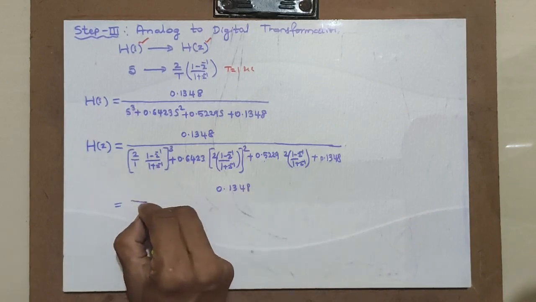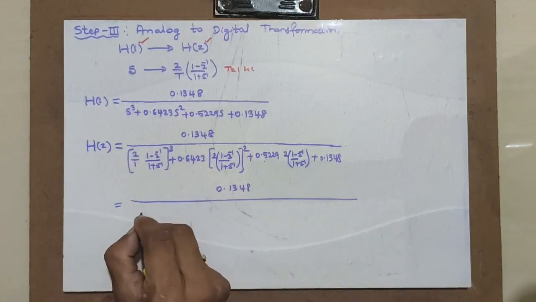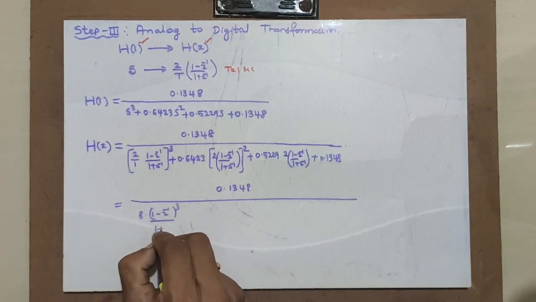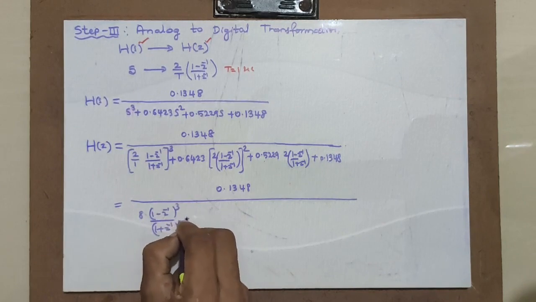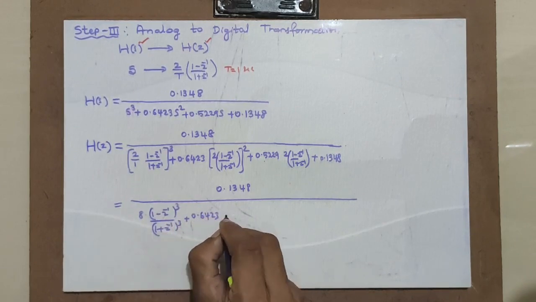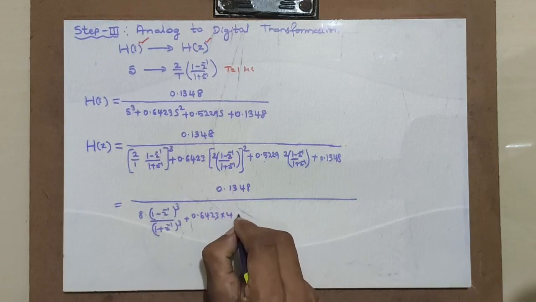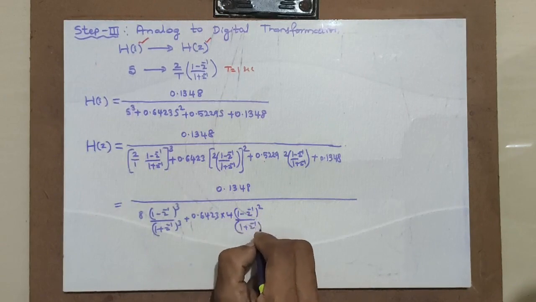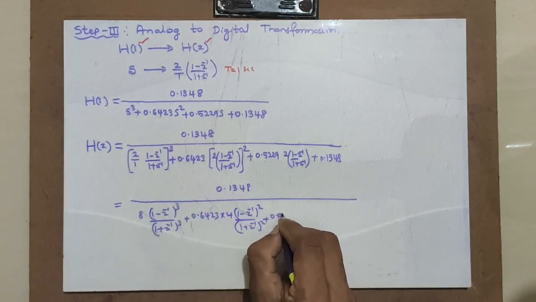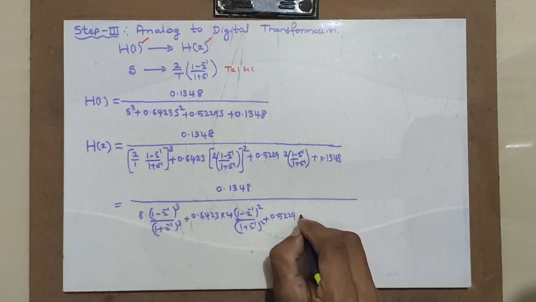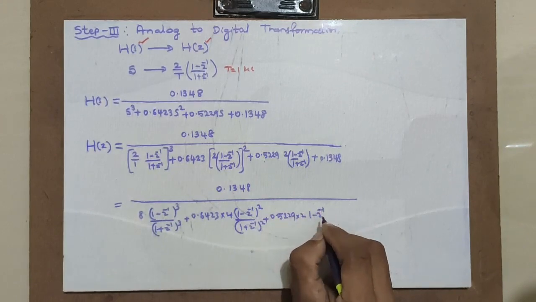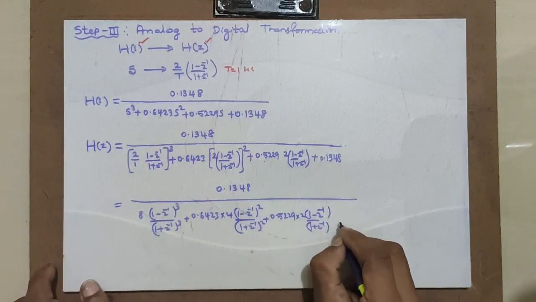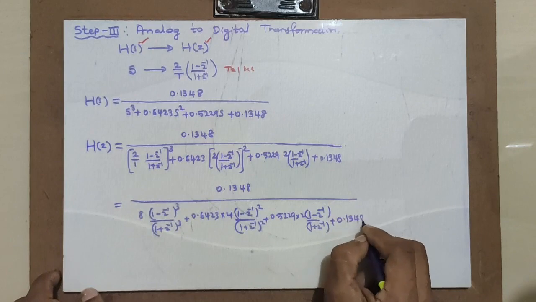This is equal to 0.1348 whole divided by 2 cube, that is 8, times (1 minus z raised to minus 1) cube divided by (1 plus z raised to minus 1) cube, plus 0.6423 times 2 square, that is 4, times (1 minus z raised to minus 1) square divided by (1 plus z raised to minus 1) square, plus 0.5229 times 2 times (1 minus z raised to minus 1) divided by (1 plus z raised to minus 1), plus 0.1348.